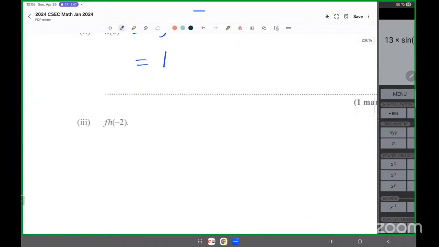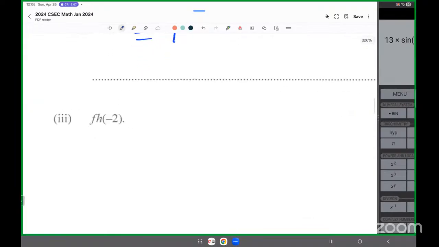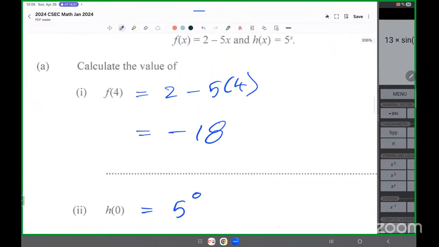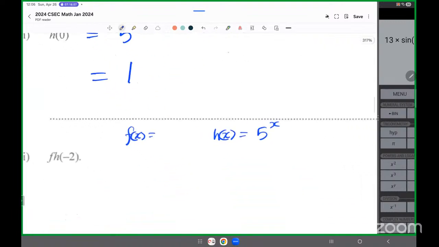f of h of negative 2. So for f of h of negative 2, we're going to do h of negative 2 first. Remember now that h of x is 5 to the x, and f of x is 2 minus 5x.